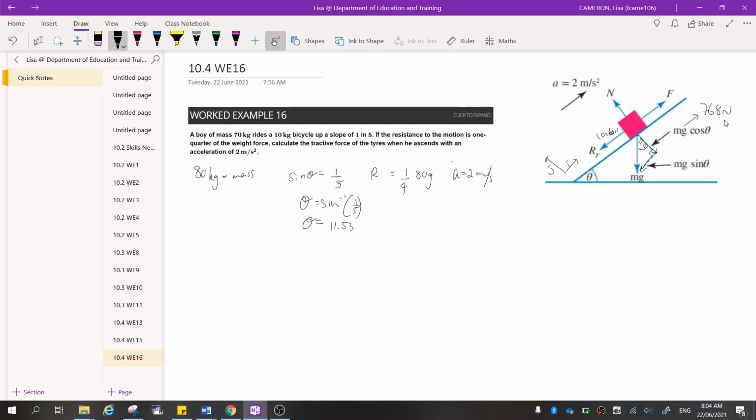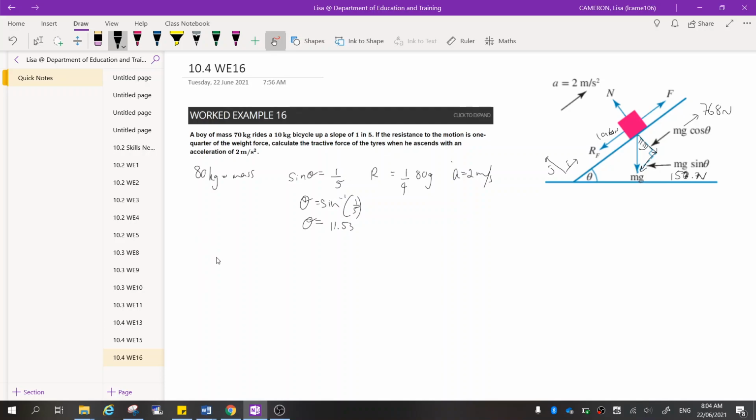Now in the other force, we have got sine of that same ratio. So that's 156.7, we'll just round it up, 157 newtons. Now this is different to the way that the textbook does it because the textbook tries to make their life a lot harder than it needs to be.